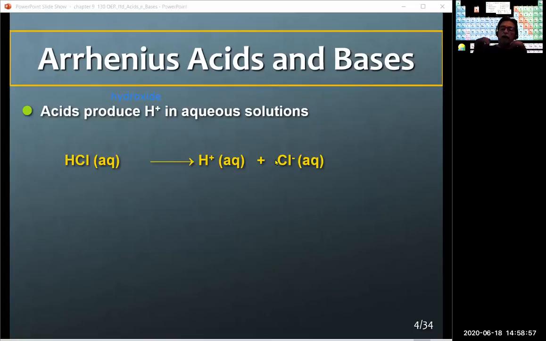Now, there's one definition. We're going to talk about two definitions of acids and bases. The first one is called the Arrhenius acid.